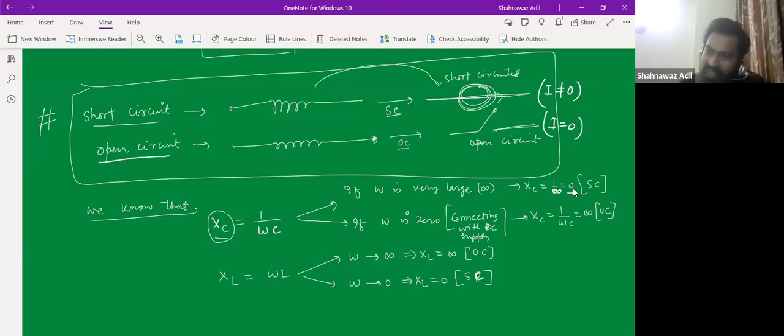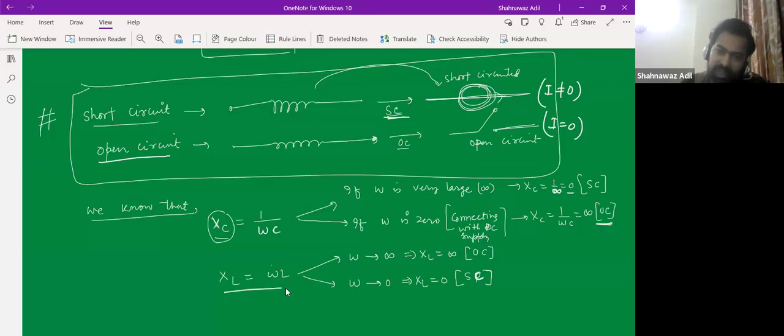So XC would be 0, resistance is 0, and that is called the short circuit. If omega is 0, then 1 by 0 is infinity, so resistance is infinite. Then that would be open circuit.